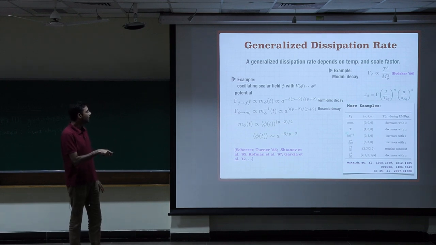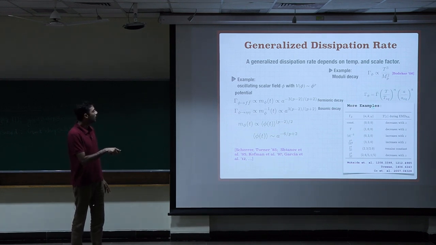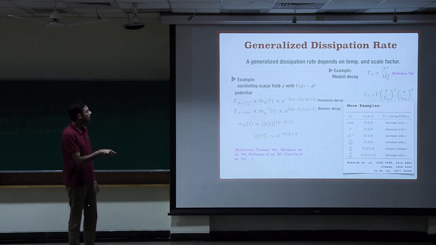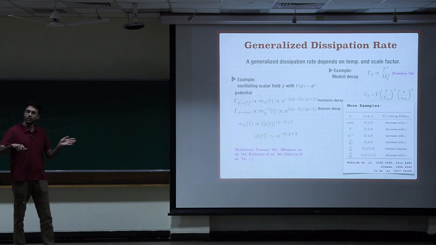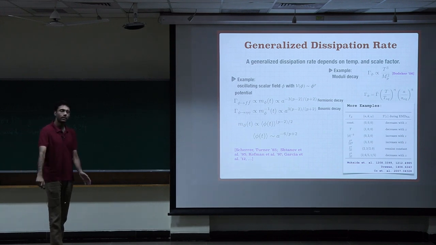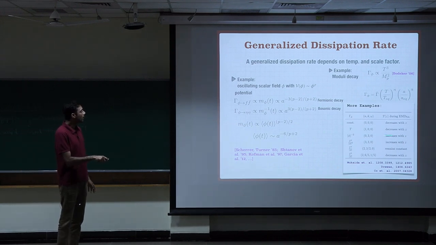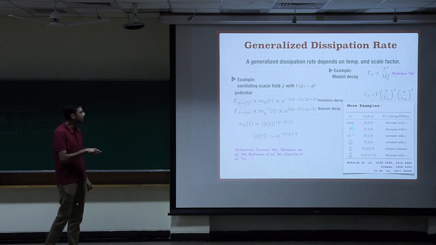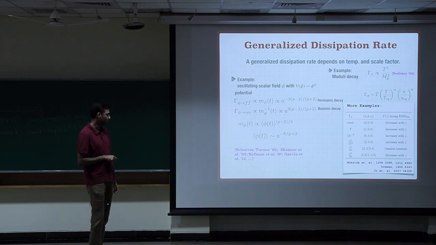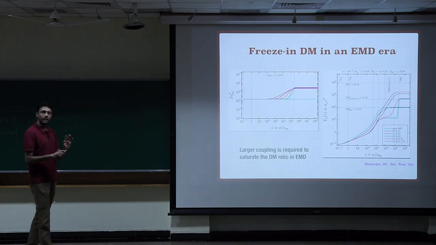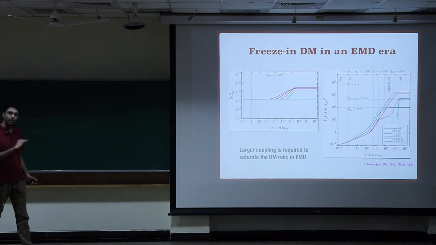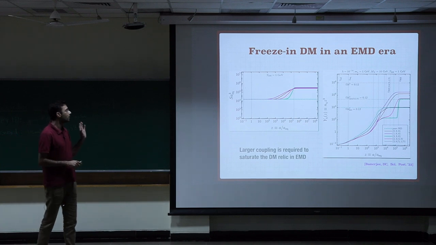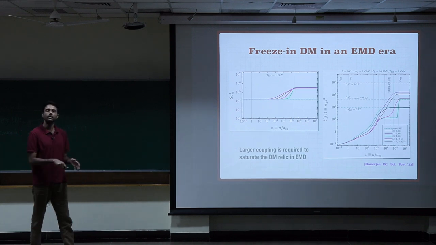As you can see, in this case, when this power is 1 and the others are 0, during the dissipation of the metastable field the temperature decreases. But there are some other cases where the temperature increases, in this peculiar case where the dissipation rate goes as T cubed by phi squared. Now, whether the temperature decreases or increases, one thing very common is that entropy gets injected.